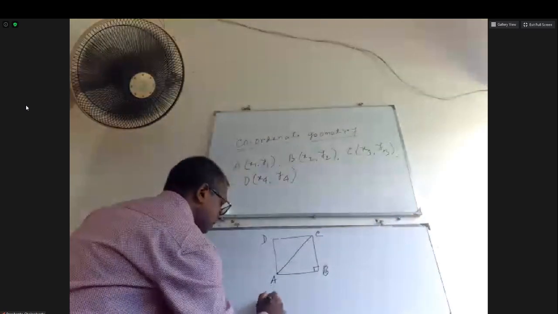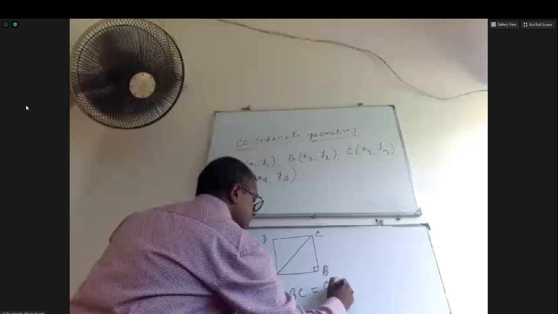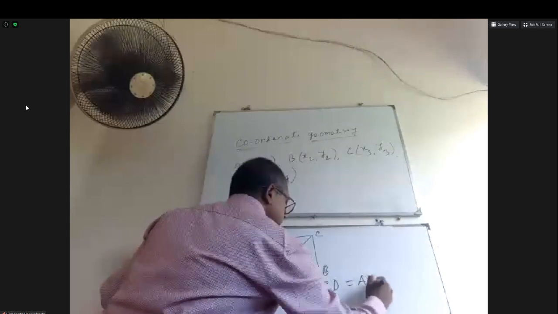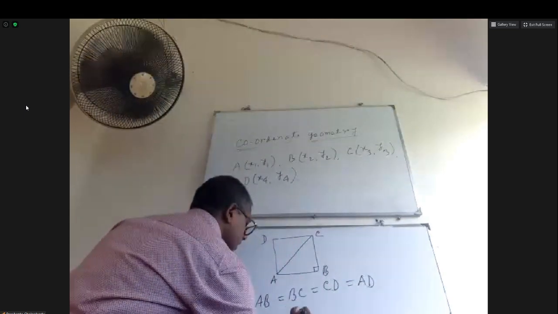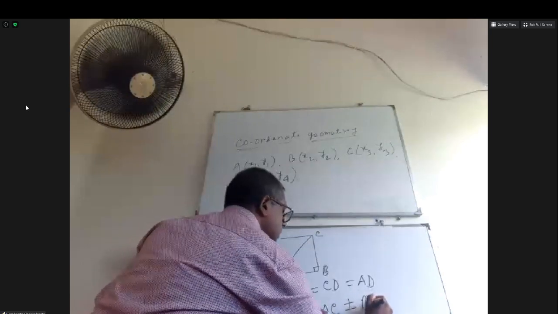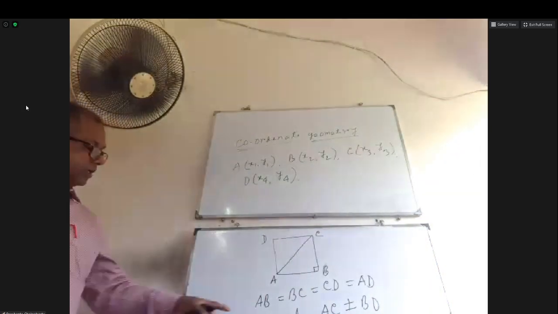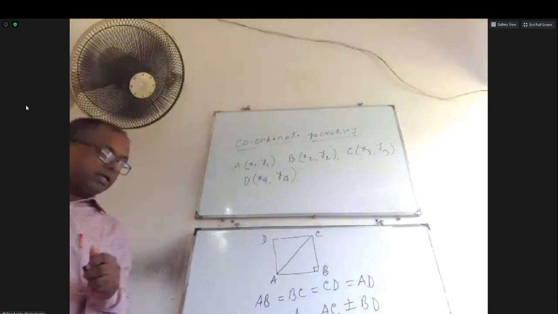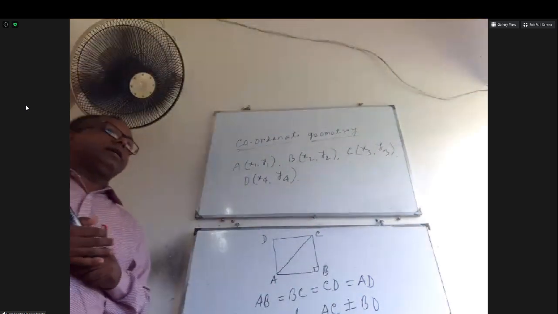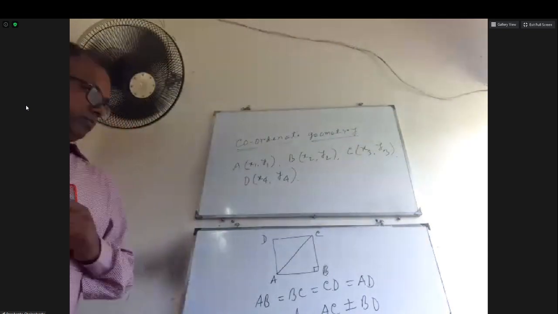But if AB equal to BC equal to CD equal to AD and diagonal AC is not equal to BD, that is, if four sides are equal but their diagonals are unequal, then we can say the quadrilateral is a rhombus.